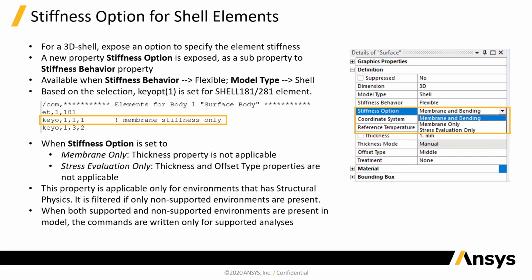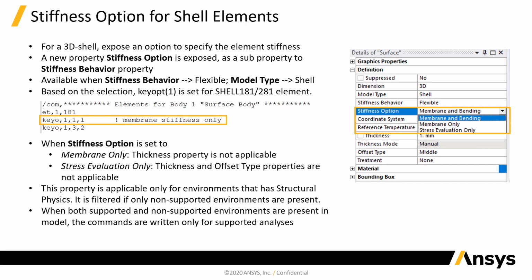They have now also allowed you to define the stiffness behavior for flexible shells and take away the bending behavior, so basically take membrane behavior only, or stress evaluation elements only.